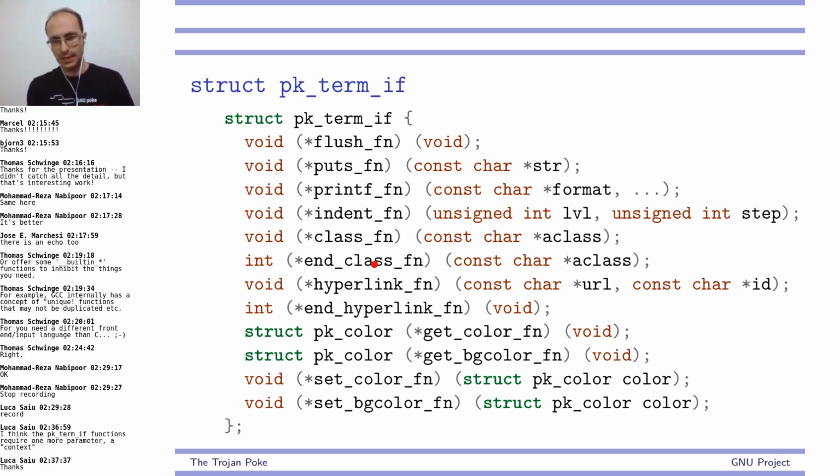function and end class with this Poke will tell you what's the class of this output. For example, it will tell you that, okay, here the integer starts, here the integer finishes, here the offset starts, here the offset finishes, and so on.